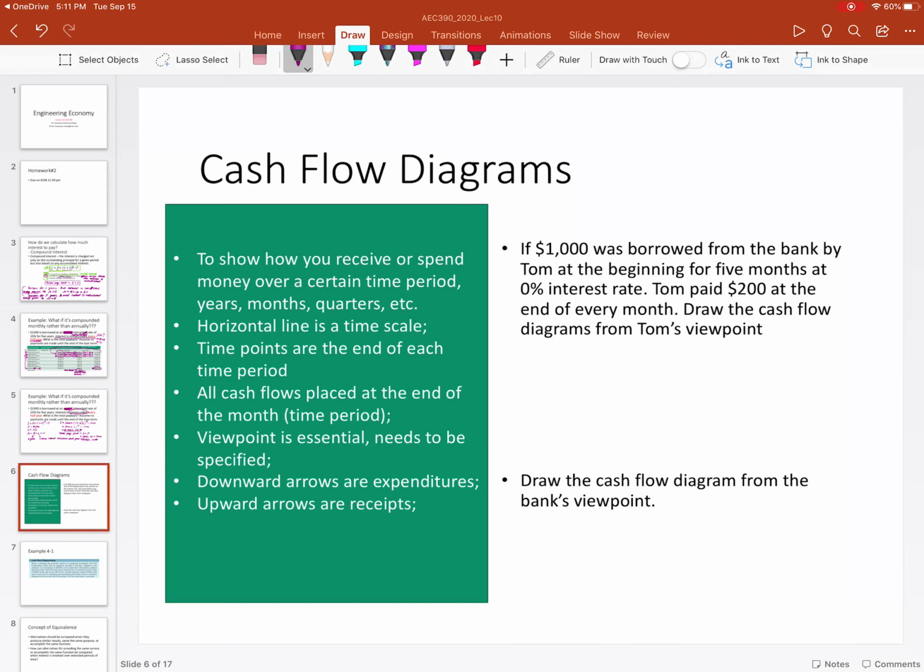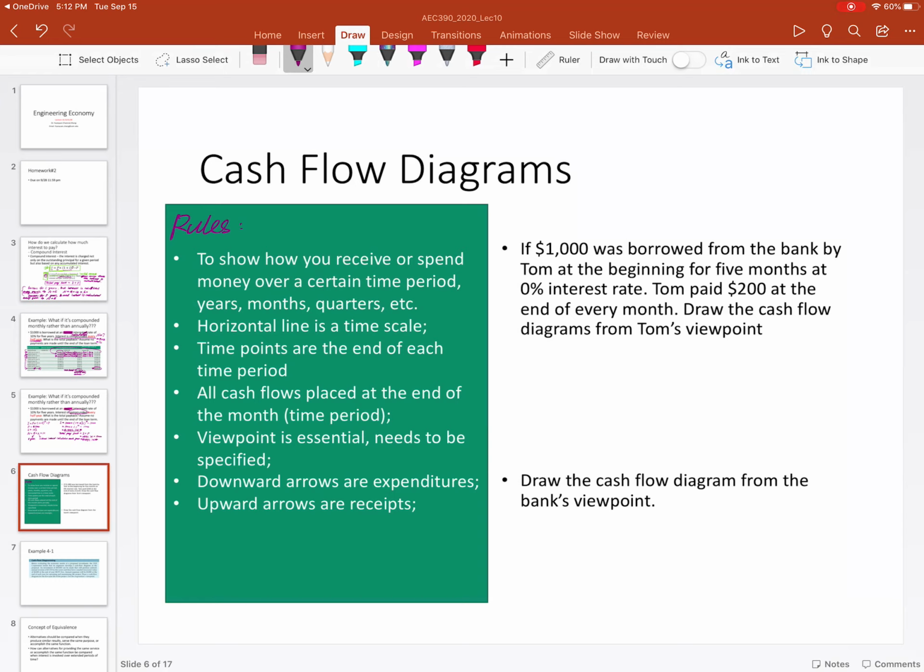To draw this diagram, we have some rules to follow. First, this is to show how you receive or spend money over a certain time period. It could be years, months, quarters, etc., depending on how often you calculate the interest.